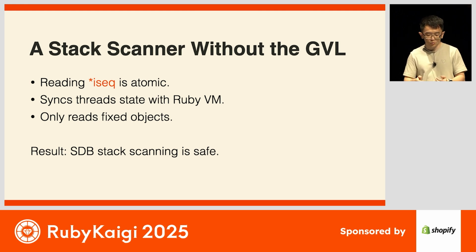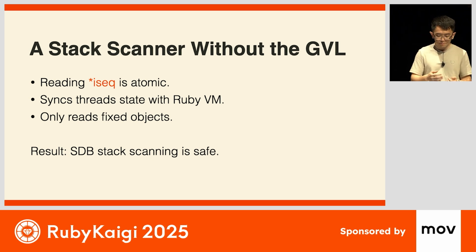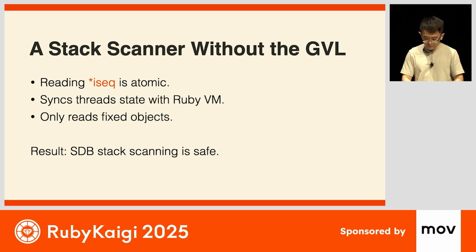And the SDB synchronizes thread state with the Ruby VM, so it never reads any dead threads. And as the SDB only depends on the fixed objects, it works well with GC compaction. So that's why SDB can scan the stacks without the GVL safely.